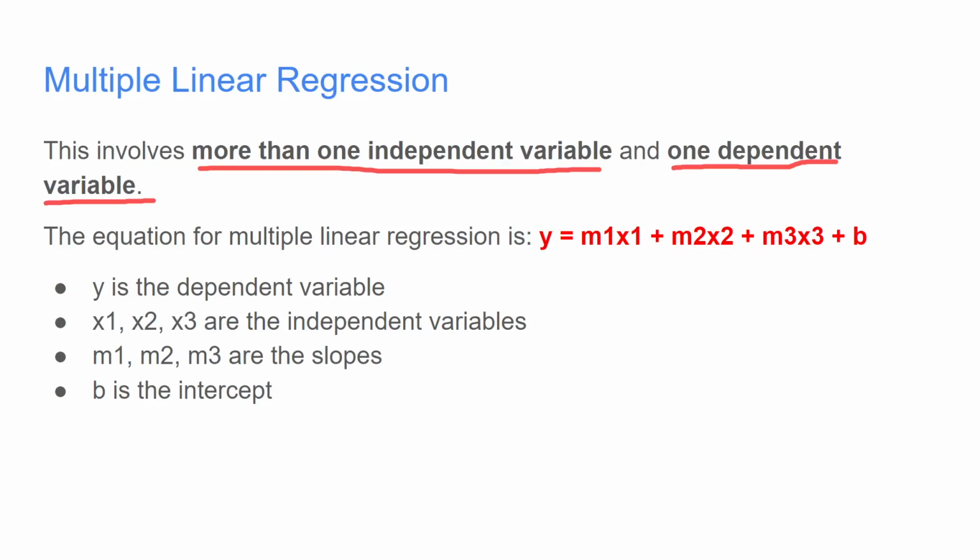The equation for multiple linear regression is y = m1x1 + m2x2 + m3x3 + b. So here I have considered only three independent variables, but we can take as many as possible, like m4x4, m5x5, up to mnxn.